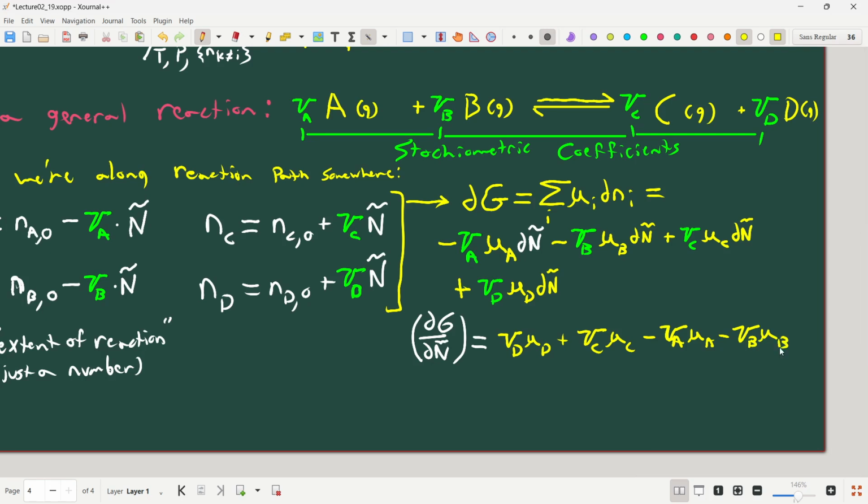So what this says is that as the reaction clicks along, the Gibbs energy of the system is going to change proportional to the difference of the chemical potentials.